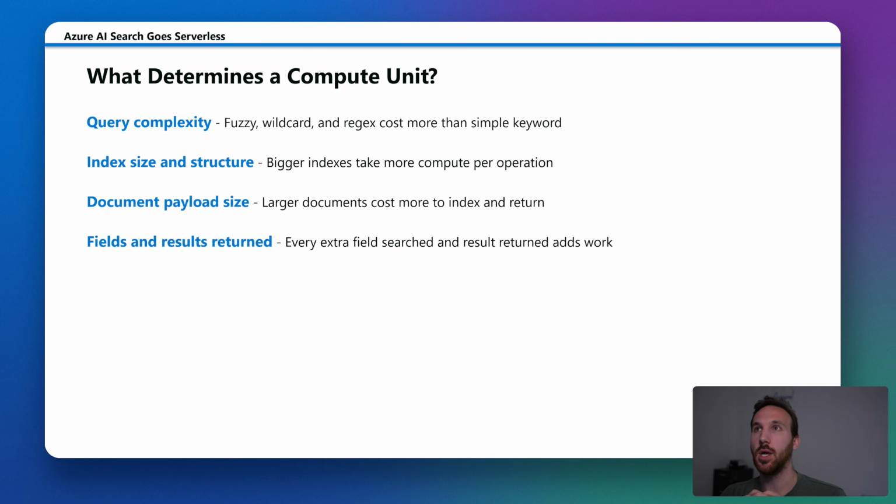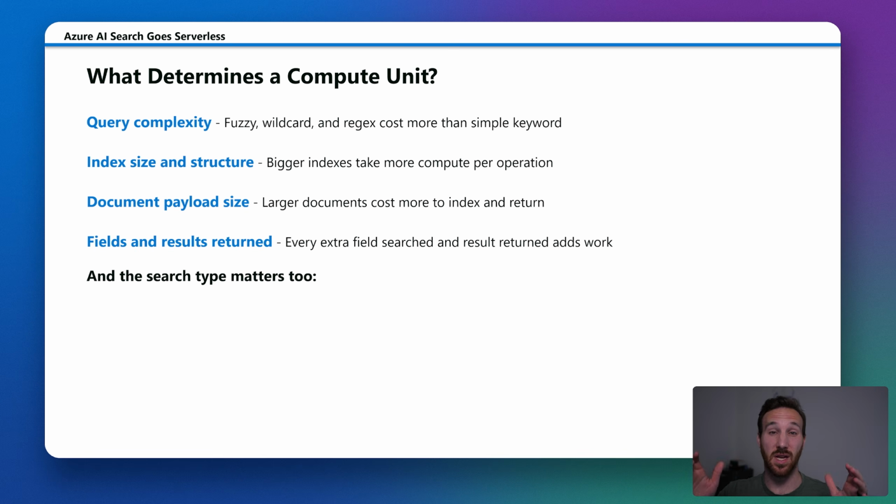Fields and results: your index will have different types of fields, whether you want a field to be searchable, so that it can actually be searched through when querying, or whether you want a field to come back and be retrievable. There are different types of features that can be added to your fields, and that increases the complexity of your index and the complexity of your queries, which will increase the complexity of your compute when you're actually querying.